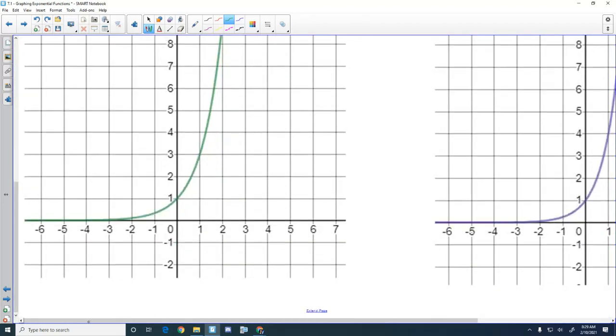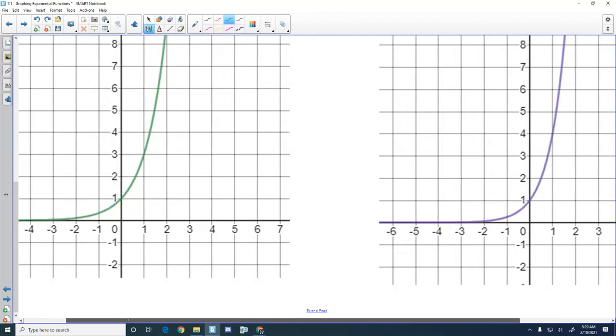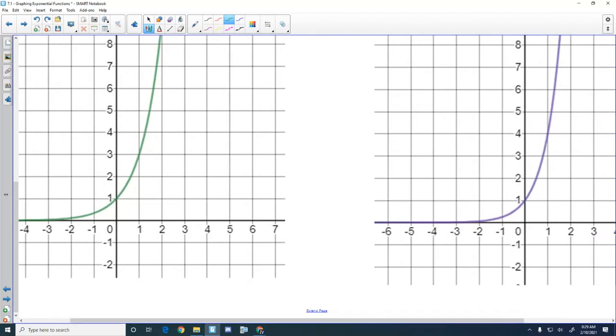If we get even closer, so first, what do these both have in common? How about their asymptotes? Do they have the same asymptote? Yeah, it's that x-axis, isn't it? For both of these. Same exact line. So, doesn't matter what the base is, it's going to start on that x-axis.